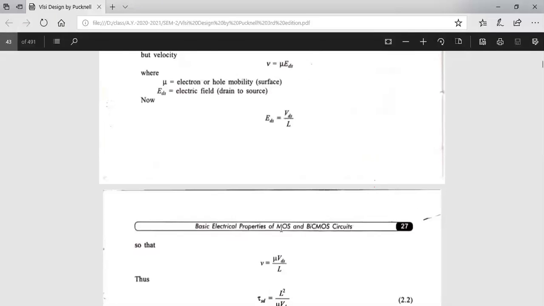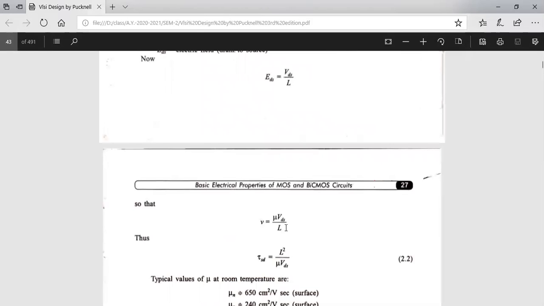So L divided by mu into VDS by L. This means the time taken by the electron to move from the source to drain depends on the length squared, with the mobility in the denominator, and the voltage applied between the drain and the source.